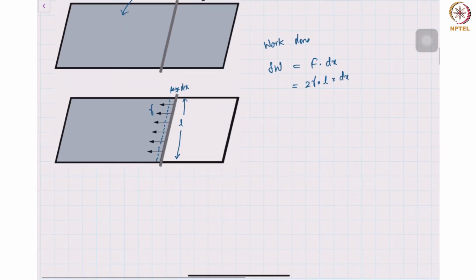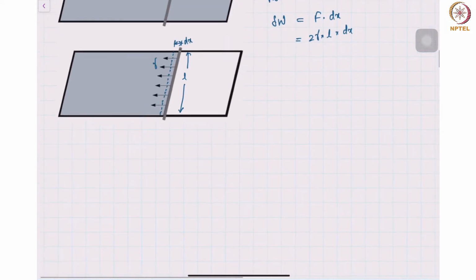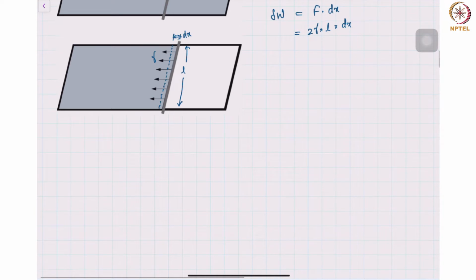To understand why we have 2, we have to look at the soap film itself. I'll make a simple drawing of the soap film. You have air above, and we have air below. Or maybe I should do it in 2 dimensions. The soap film would look something like this.